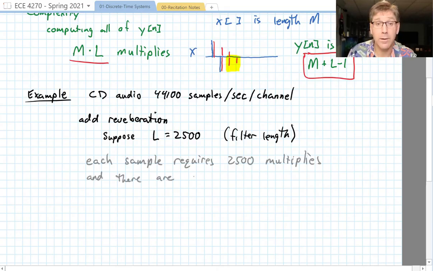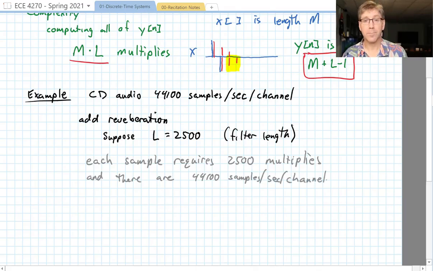There are 44,100 samples per second per channel.